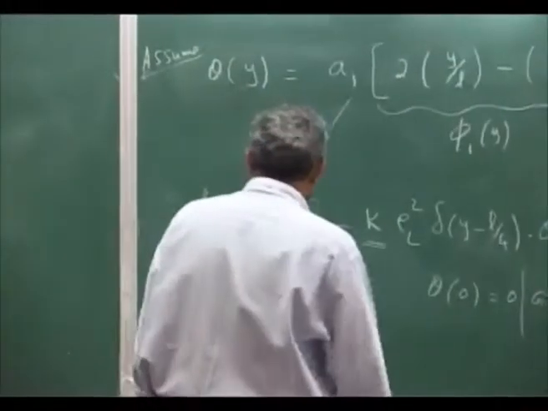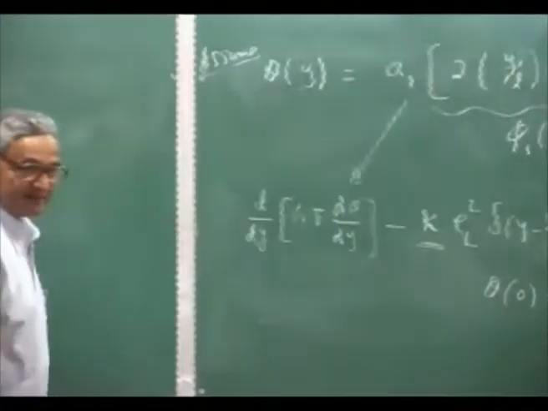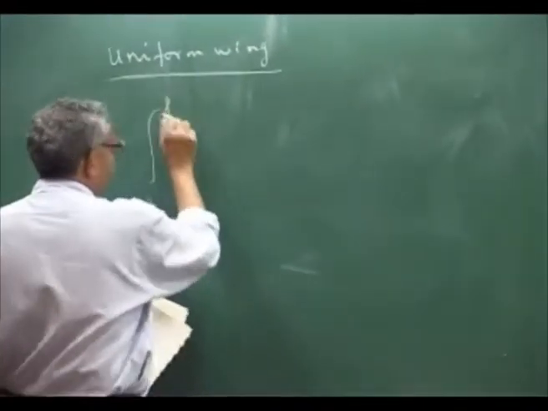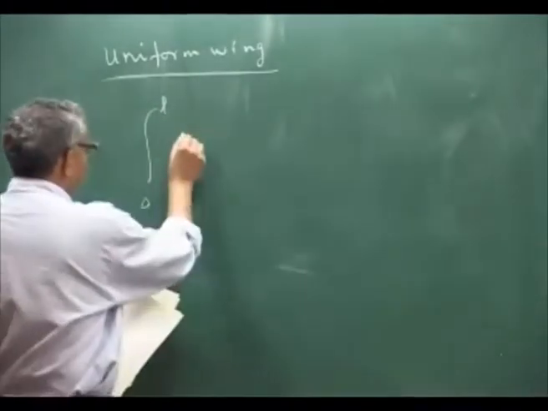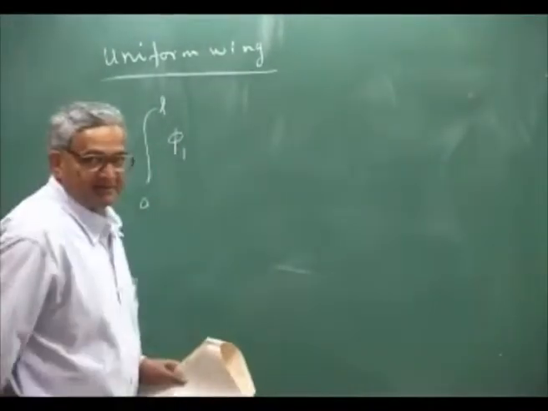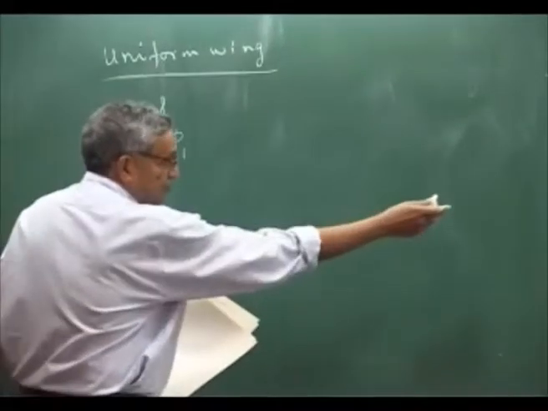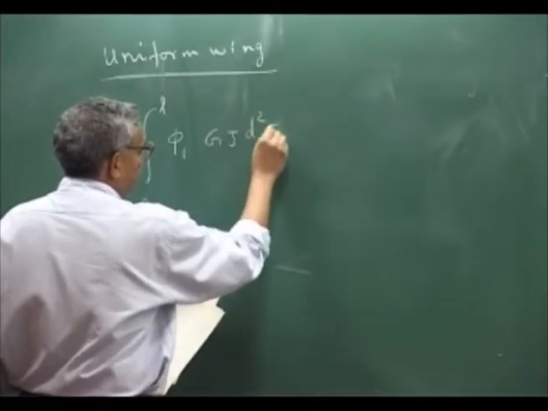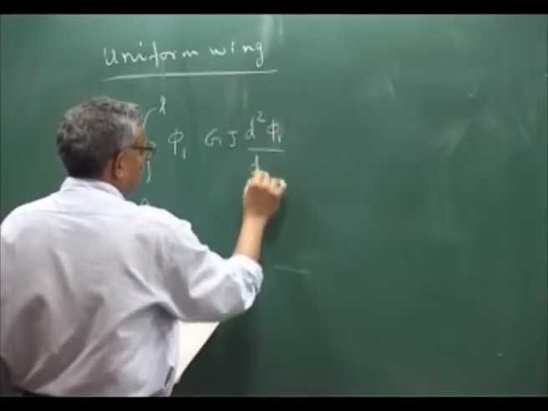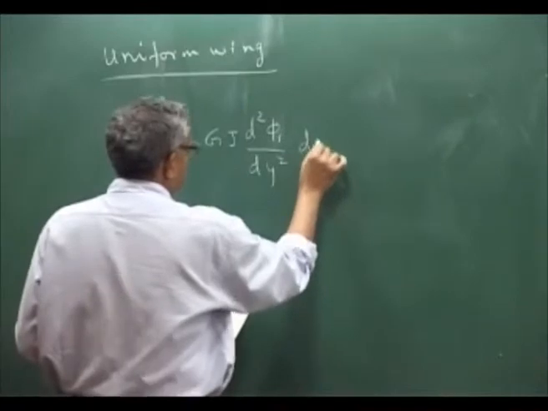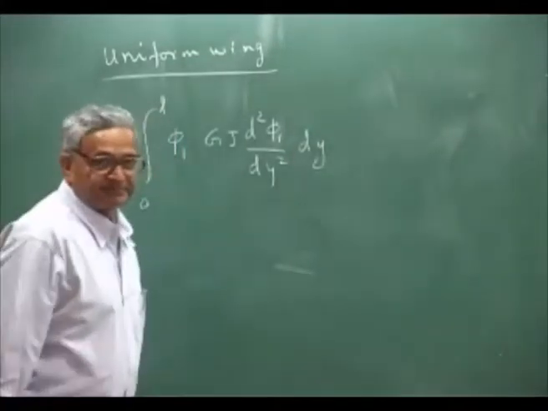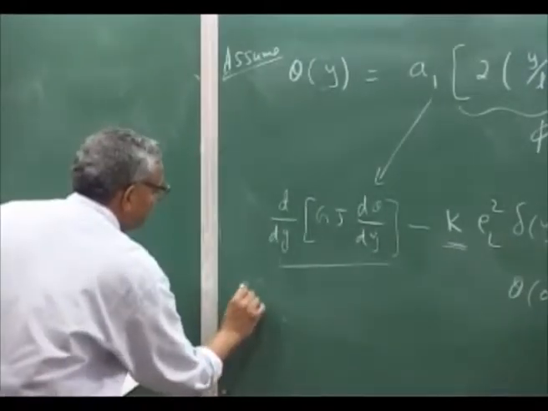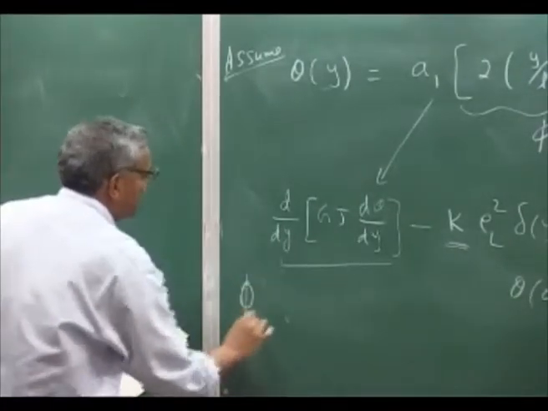Now phi1 you know, so the first term I require is integral 0 to L phi1. Since I have uniform wing, you will have GJ d square. Okay. Please understand, the first term is going to be phi1.